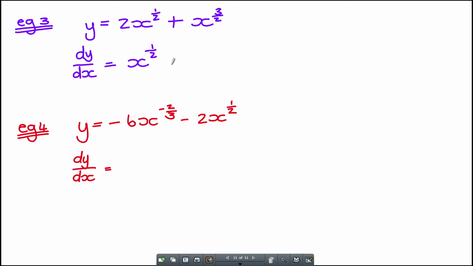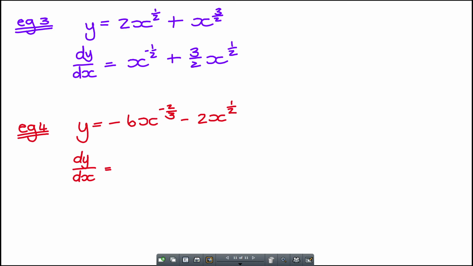Okay, then plus 3 over 2 must be multiplied with what's in front here? A 1, so it will be 3 over 2 x to the power of 3 over 2 minus 1 will be a half. Right, is julle reg? Ja.